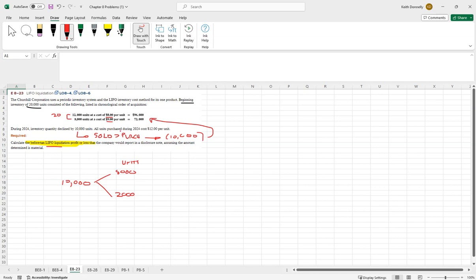And when we do that, one of the things that happens is there's going to be a mismatch, because we bought some stuff during the period at $12. But when we dip into the prior layers, those costs are going to be lower, like $8 or $9. So some of our profit in this scenario is going to come from the mismatch.